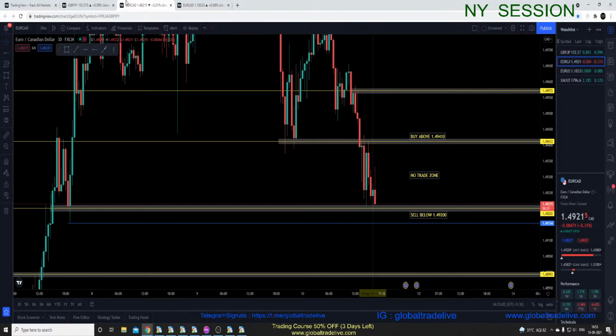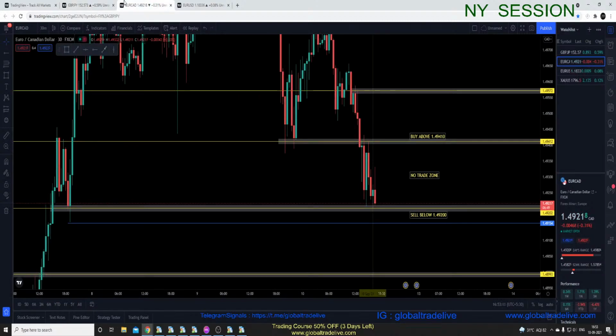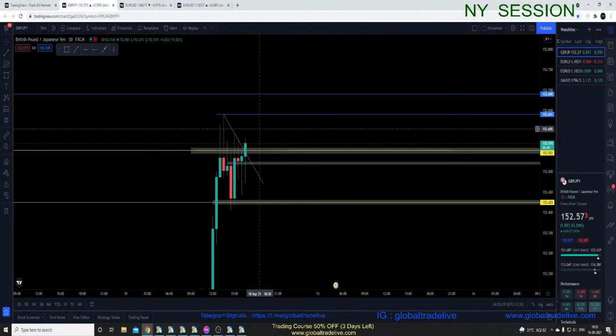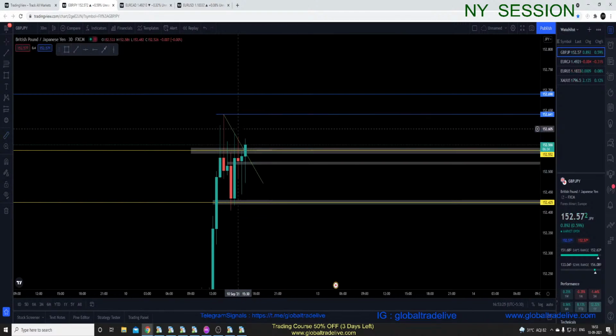EuroCAD just broke the low. 6 minutes left for the current candle to close. I think I'm going to wait for a candle to close below this area to execute sells. Stops will be really big.